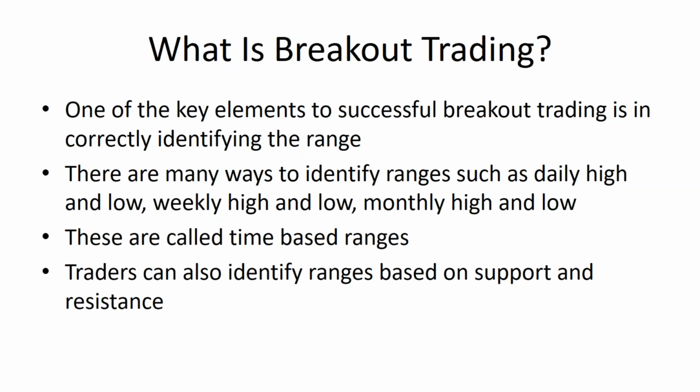You could identify the daily range based on the daily high or low if you were trading on the lower time frames, or you could identify the range over the last 20 days. The last 20 trading days is roughly a month, so this will give you the month's range, and this would typically be used for traders who are trading on either the 4-hour or the daily charts.